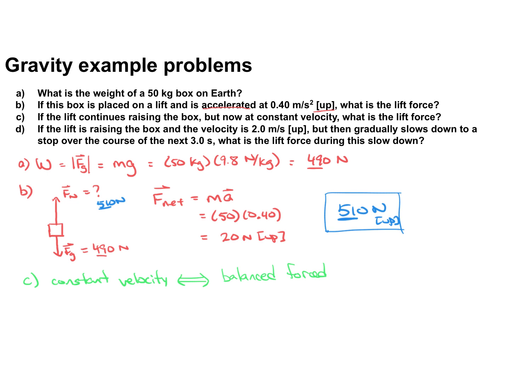Forces must be balanced. The net force must add up to 0. So therefore, the lift force has to be exactly balancing out gravity. So it has to be exactly 490 newtons up.